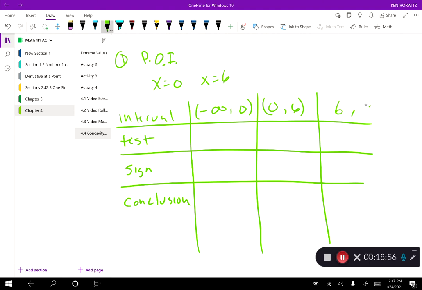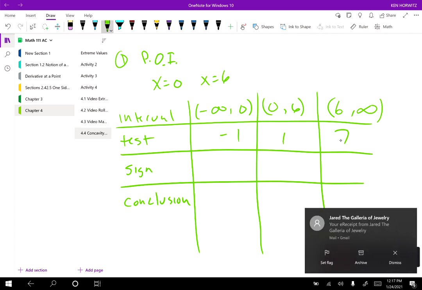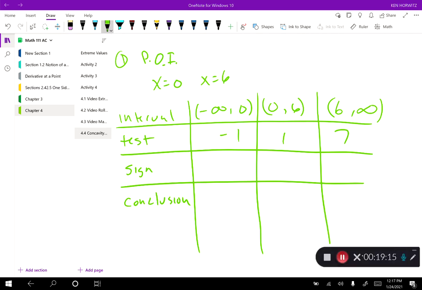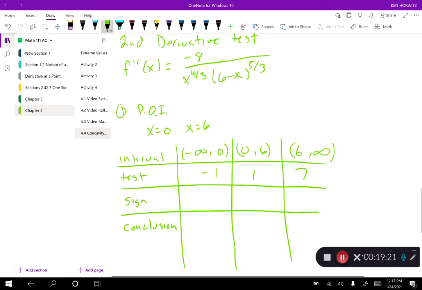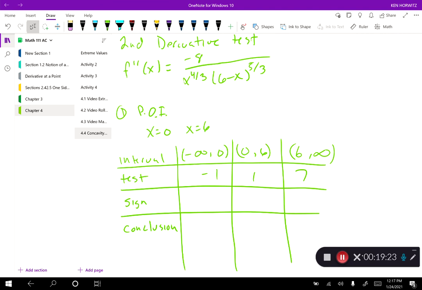Then from 6 to infinity. All right, -1, 1, and 7. I don't get much points for originality, but again, these points I'm picking are just for ease of plugging in. So why don't you do this at this point? Let's stop the video, and why don't you plug these into our second derivative. I'll scroll up a little bit. There it is. And we'll talk about what I got on the back end.